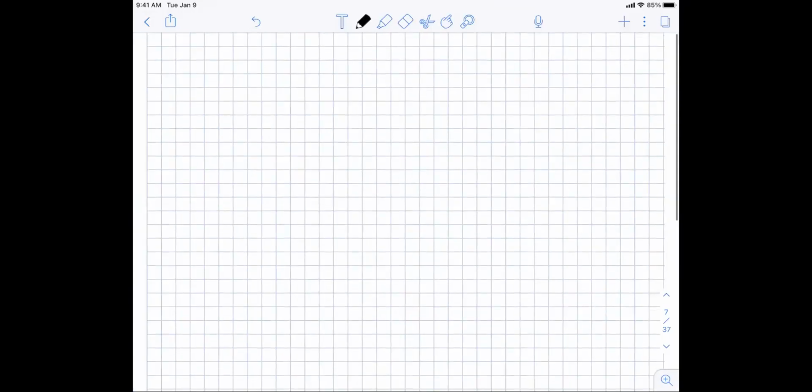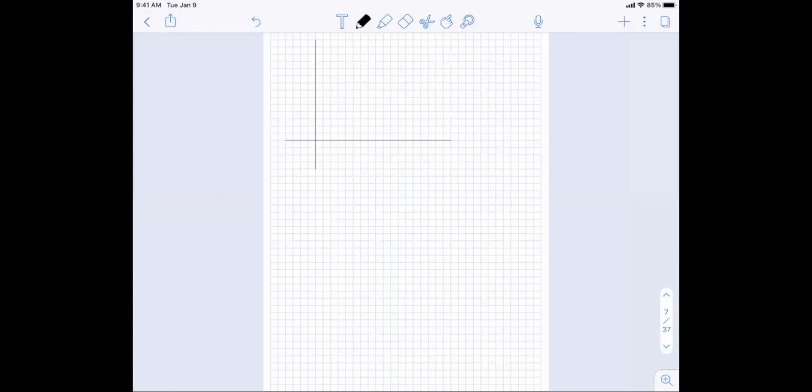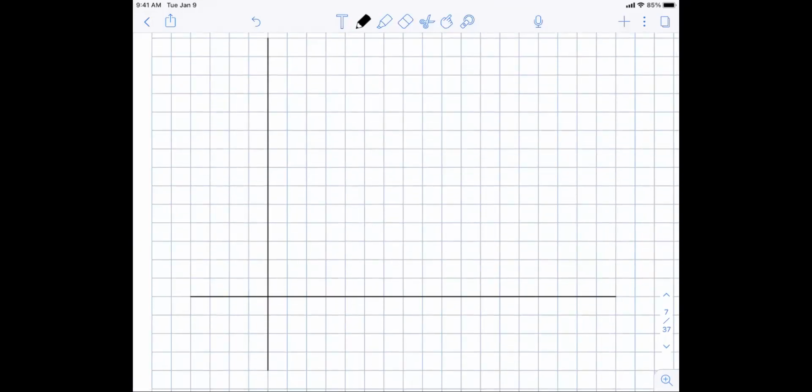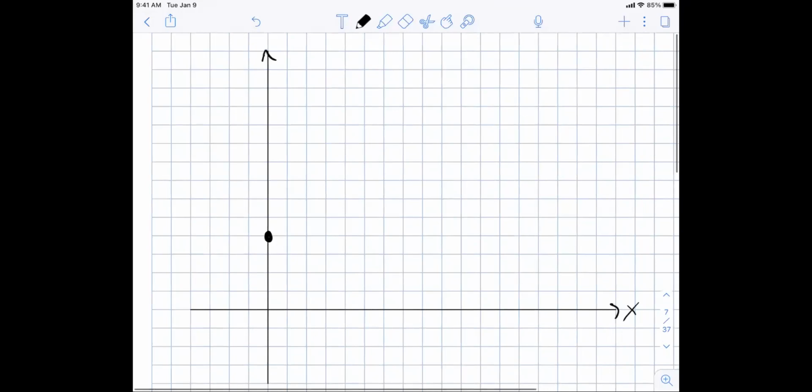So let's first get a sketch of the area that we are trying to find. We want the area under the function f of x equals 3x plus 4. That's just a line that crosses the y-axis at 4, and has a slope of 3. So up 3 over 1.